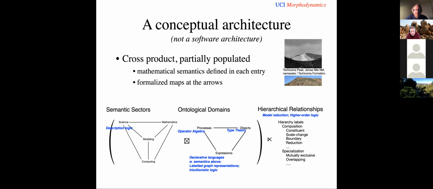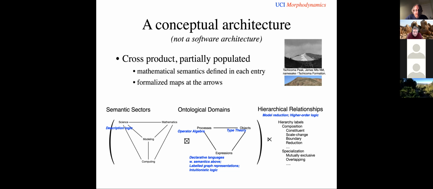And here are the approaches, the formalizations that could apply to each of these things. Processes, operator algebra; objects, type theory, as I mentioned; and then formalization in science, description logics, perhaps things like the GO hierarchy, and so on.